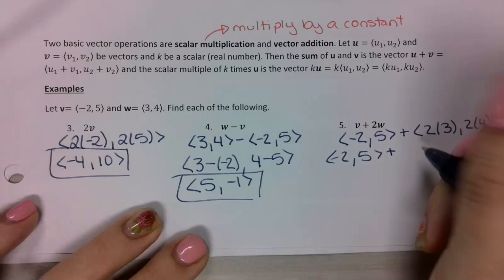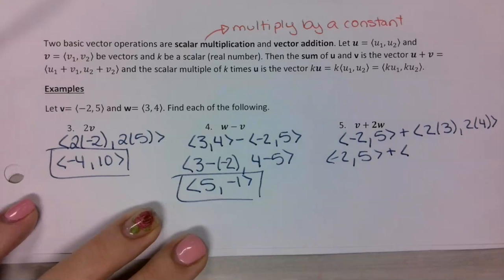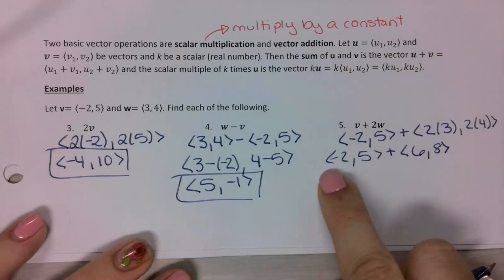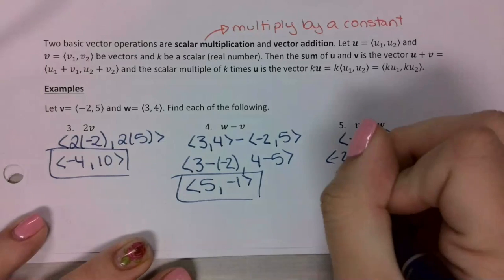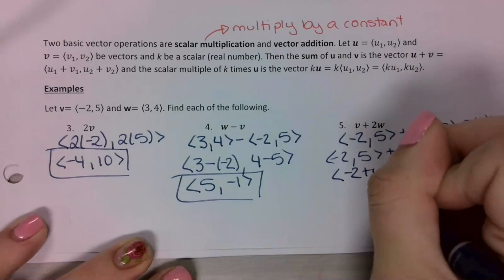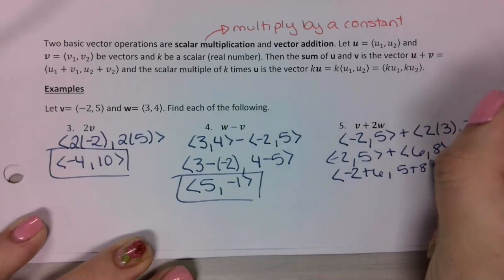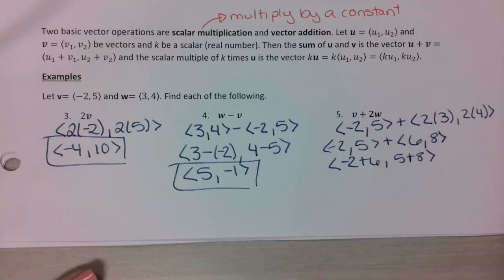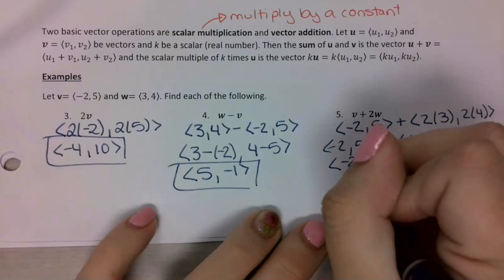For my w, what do I get? Oh, and I don't think I said it earlier, but it's important that I write these brackets so I know that I'm working with a vector and not a coordinate point. Then I want to go ahead and combine my x and y values. Okay, so I get what?